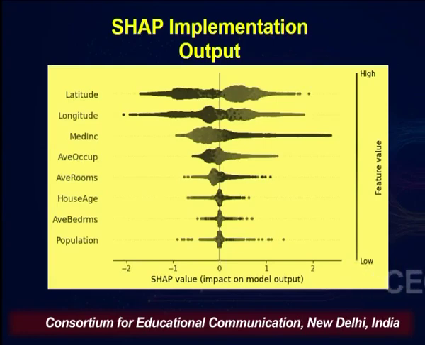So from this graph, it becomes very transparent which feature or features are contributing to the high price or the high target value, and which are giving you a low value for the target variable.